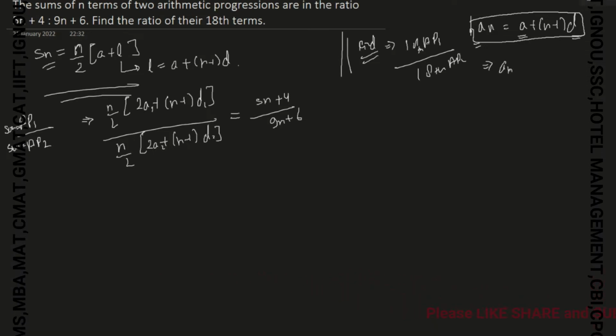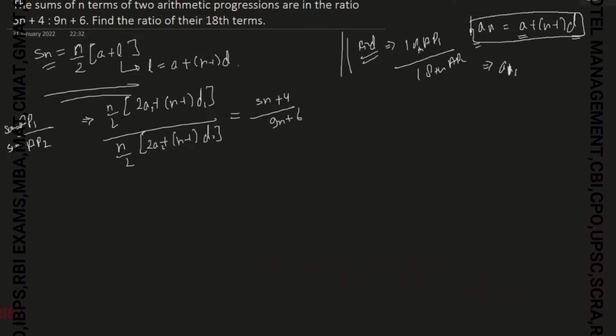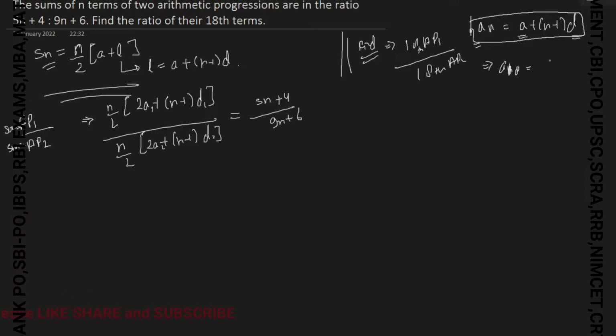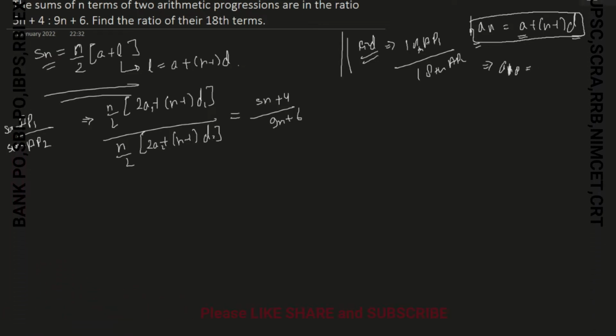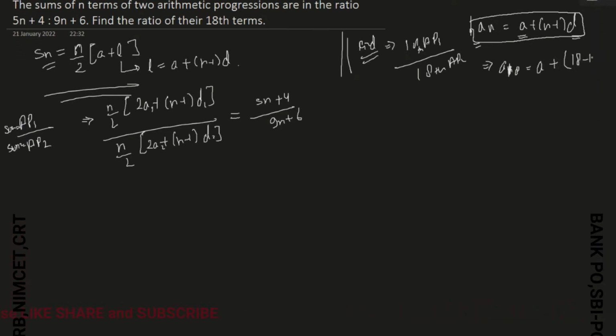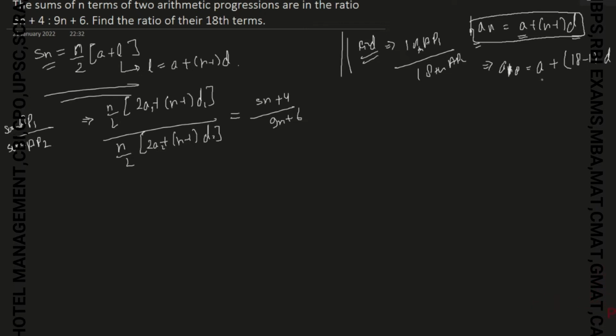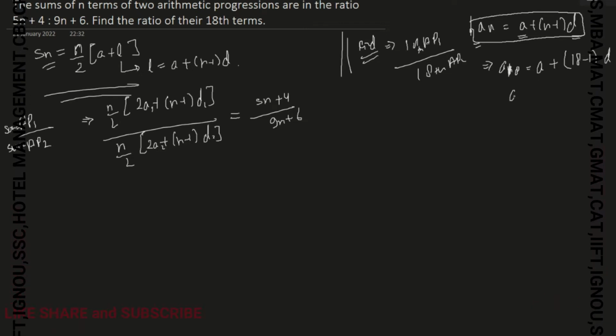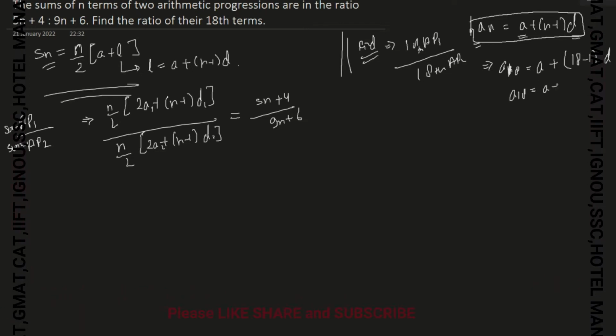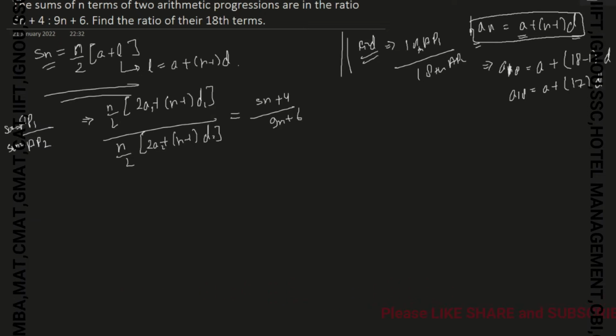So a of n is what? Here replace n with 18, because it asks for the ratio of the 18th terms. a of 18 is equal to a plus 18 minus 1 into d, where d is the common difference. We don't know it, we are just using it for reference because we only have to find the ratio. So a of 18 is equal to a plus 17 into d.